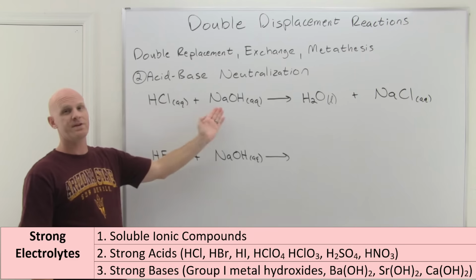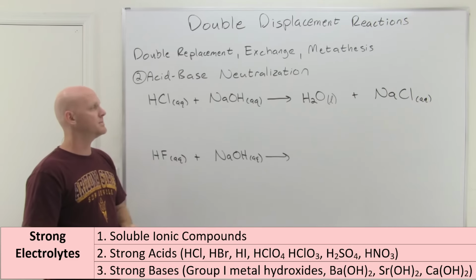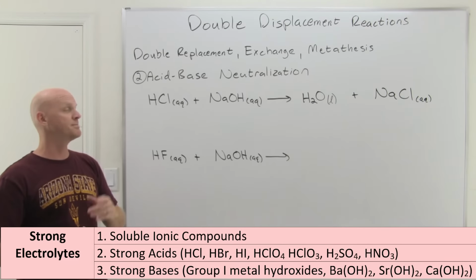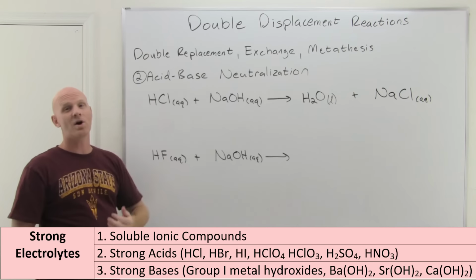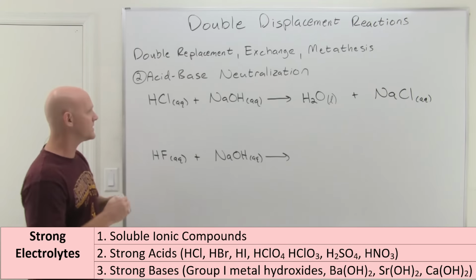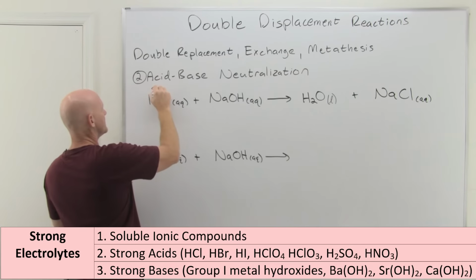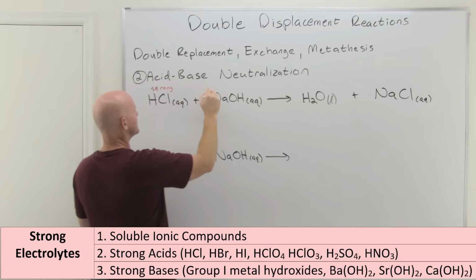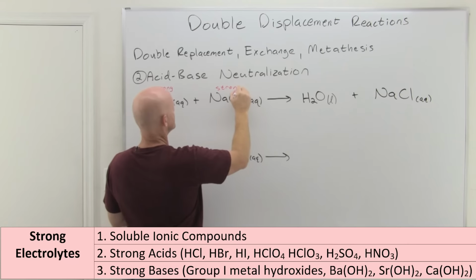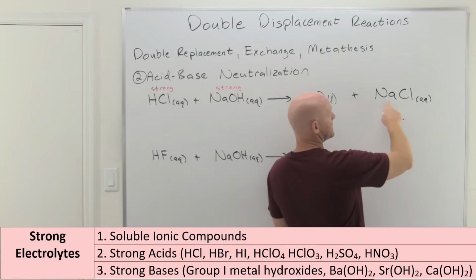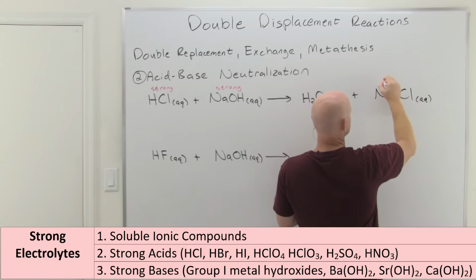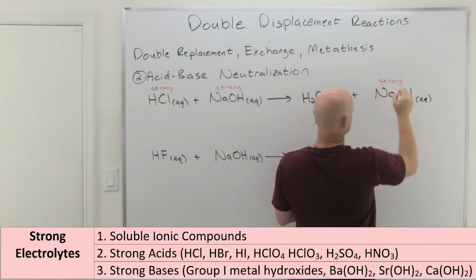This is a strong acid with a strong base, back from the last lesson. And in this case, being a strong acid and strong base, they are two of the types of strong electrolytes. So we're going to label them as strong electrolytes, and they will exist in a fully dissociated state. And then NaCl is a soluble ionic compound, ionic and aqueous again, and so it is a strong electrolyte.